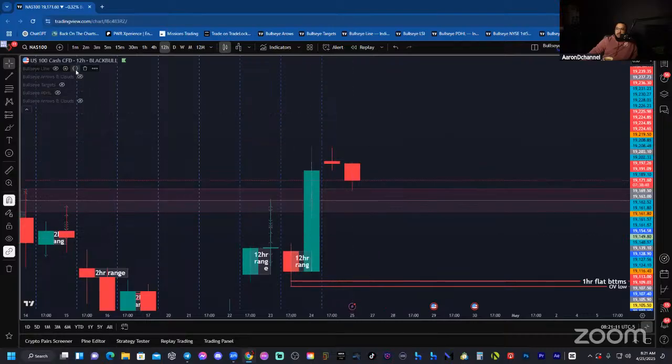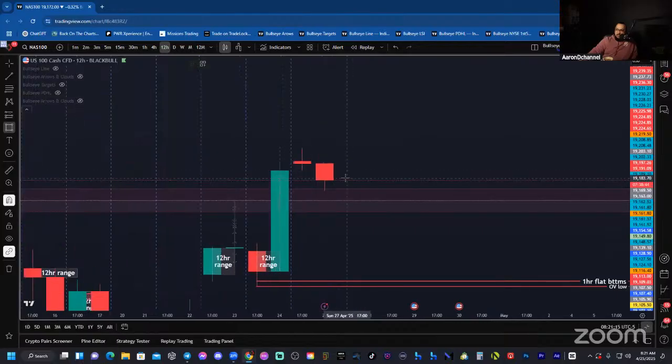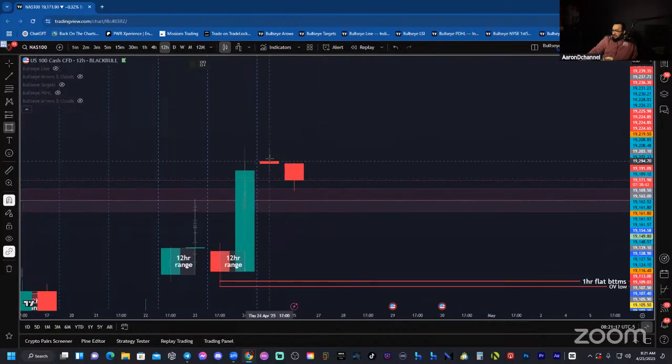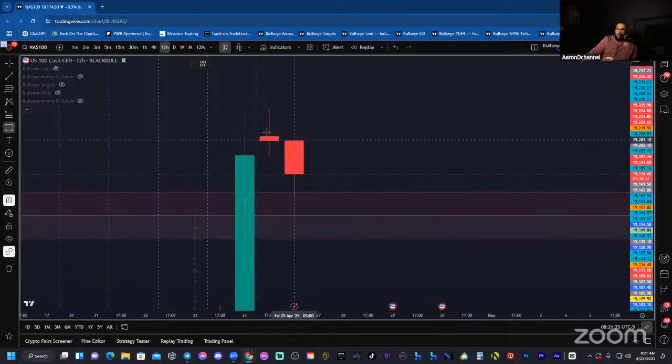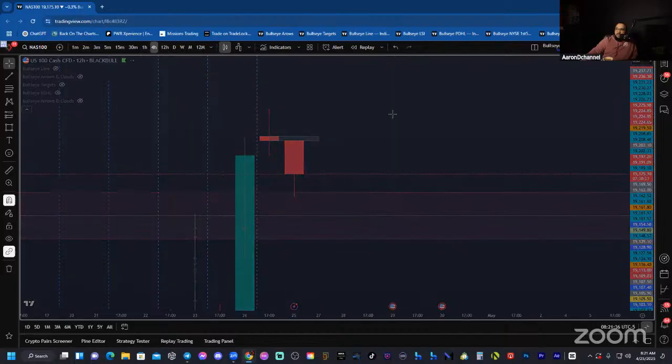Now, once I've established where we are, that first candle, all I need is the open and the close of the first 12-hour range. Put a little rectangle right there. I call it the 12-hour range. Pretty simple. All right, then 4-hour.